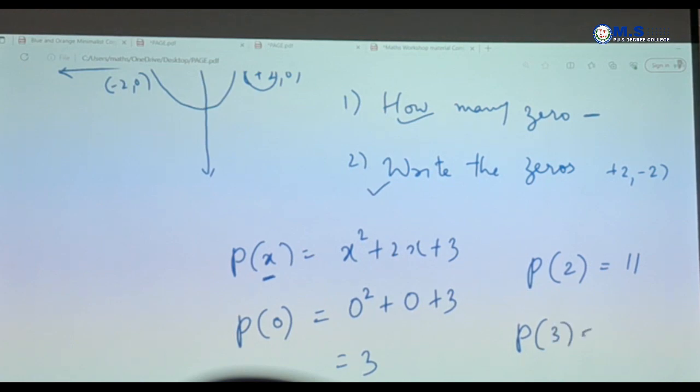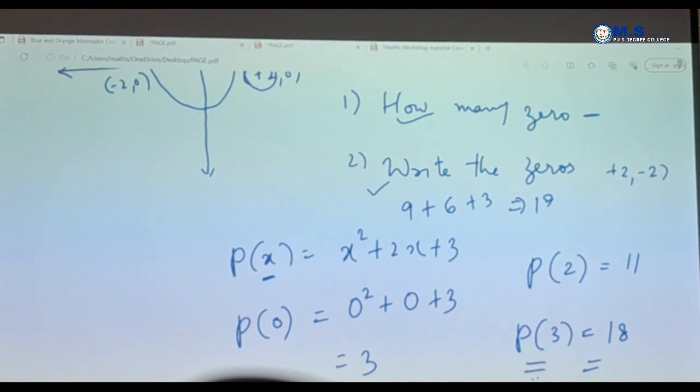P of 3 is 9 plus 6 plus 3. It is 18. Yes, P of 3 is 18.